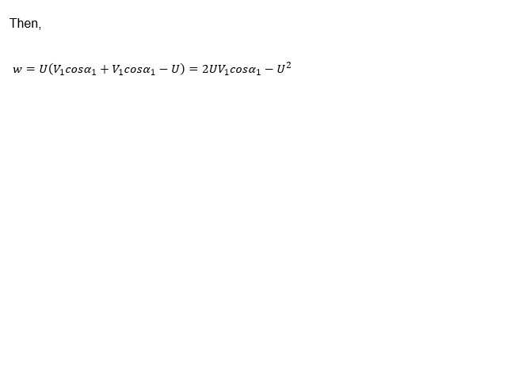Then the work done expression becomes U into (V1 cos alpha 1 plus V1 cos alpha 1 minus U). So that is equal to 2 U V1 cos alpha 1 minus U square, because V1 cos alpha 1 plus V1 cos alpha 1 is 2 V1 cos alpha 1, multiplied with the U outside, minus U into U, that is minus U square.